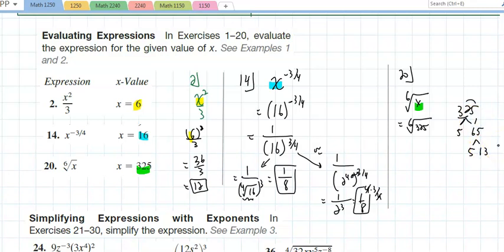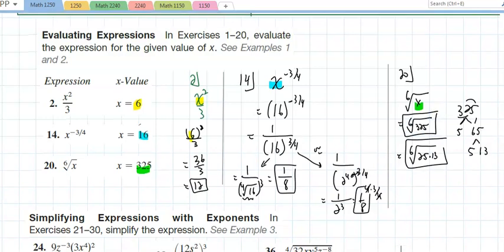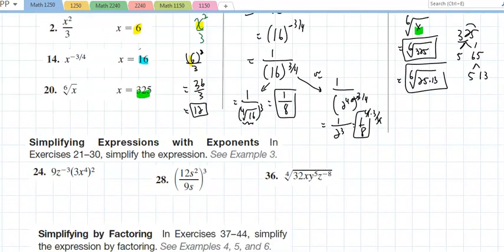So that doesn't really simplify. It really doesn't clear the radical. It simply stays as 25 times 13, which there's not much you could do about. Or you could just leave it as the 6th root of 325. We can't always simplify everything.